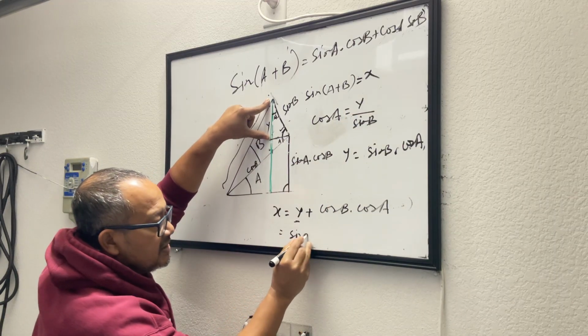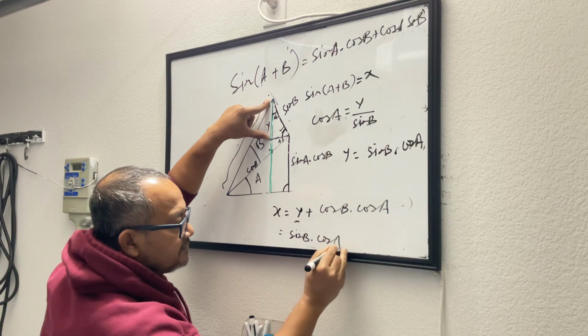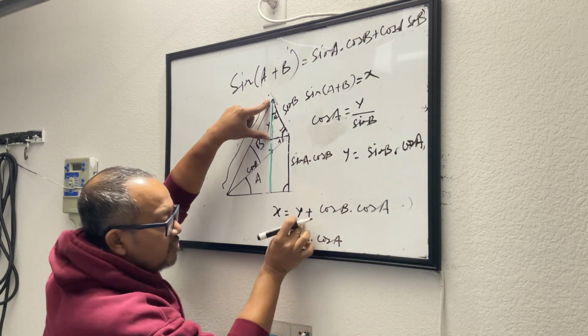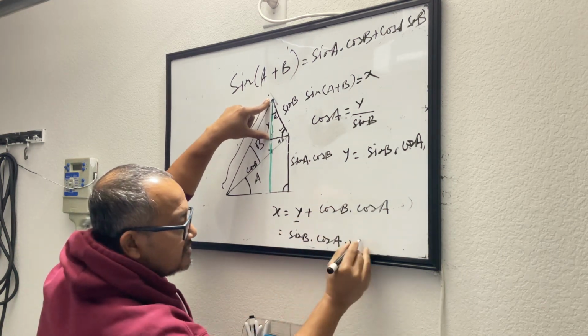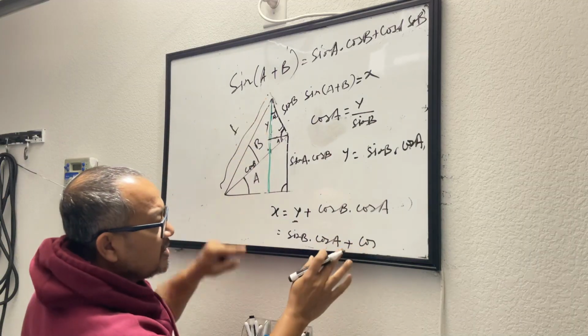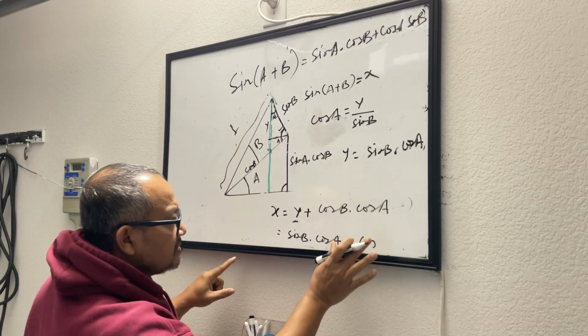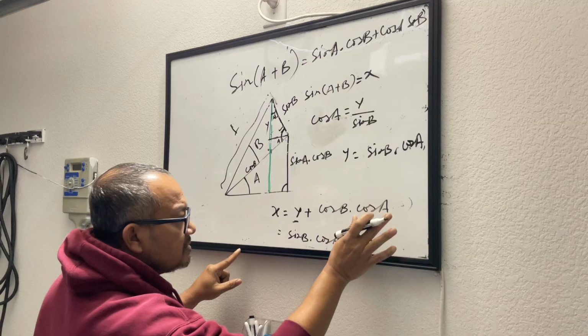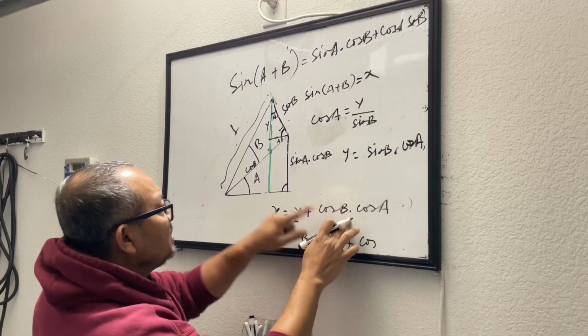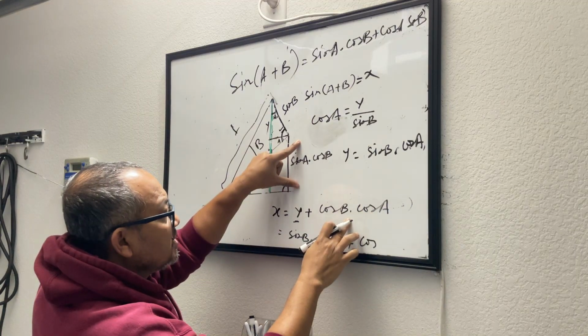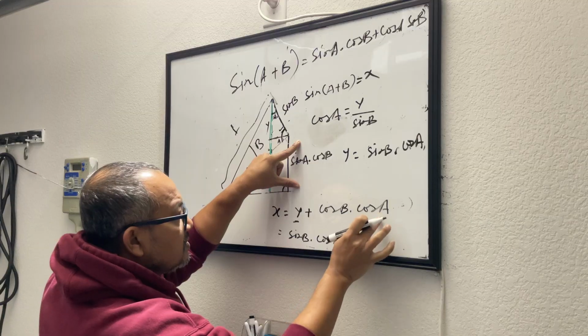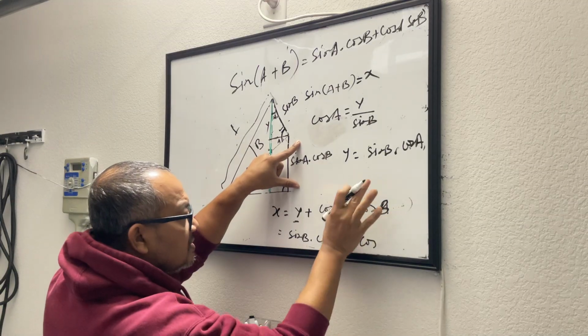So this y is this, and this part is sine of a cos of b.